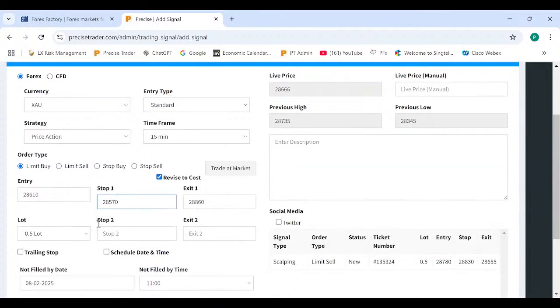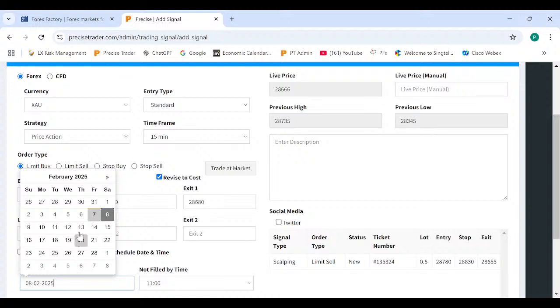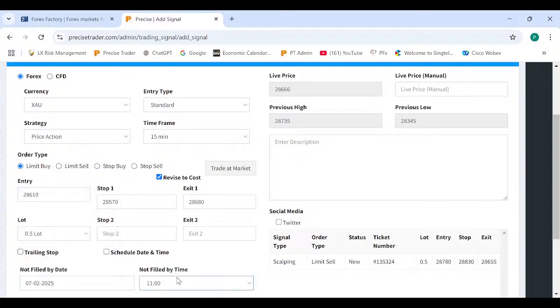I think yesterday we gave this call, and we got stopped out. I don't know whether you remember this. Then try to exit at 2868, and this is half lot. And this is only until 3.